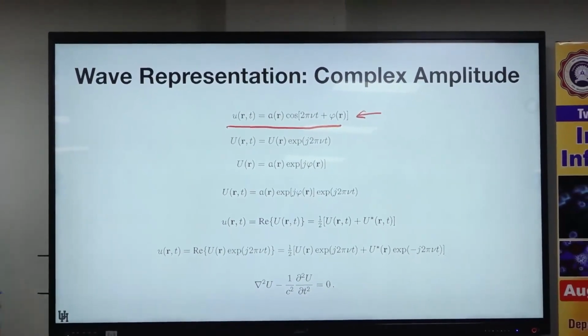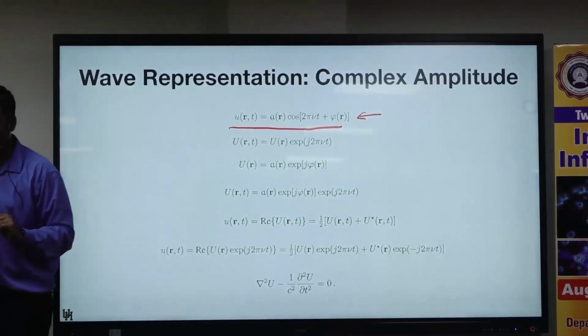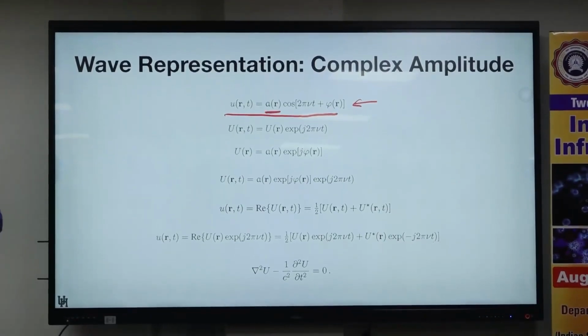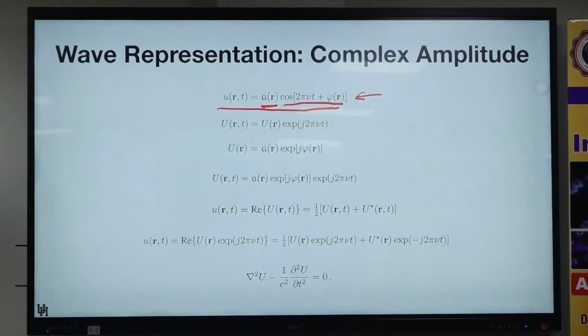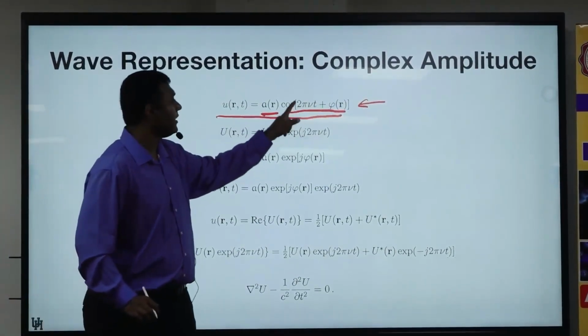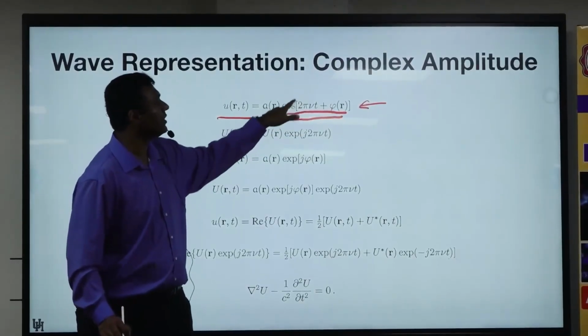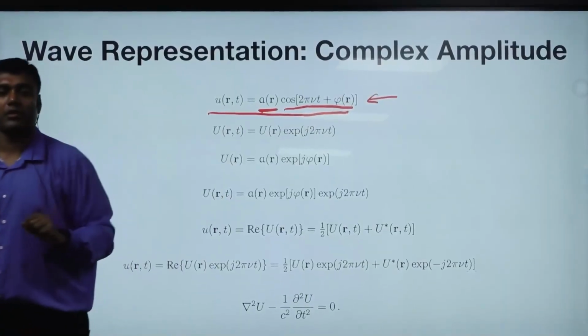If the wave function is written in this form, there is A of r, and there is a cosine of 2 pi nu t plus phi. So there is an amplitude and a phase, and then this is the time variable, and these two are the space variables, right?